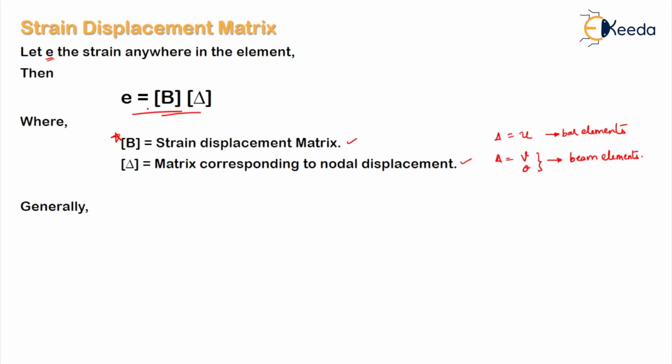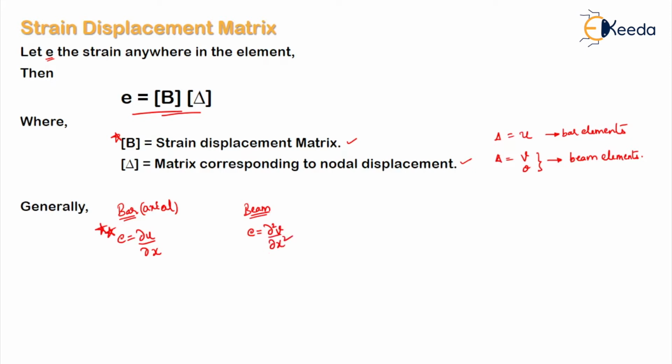So this is the general formula for strain. Now, to find the strain: for a bar element, E is equal to dou U by dou X. This is very important. For a beam element, E will be equal to dou square V by dou X square.